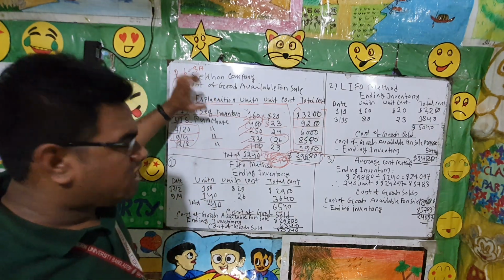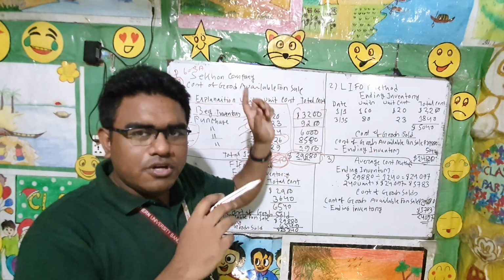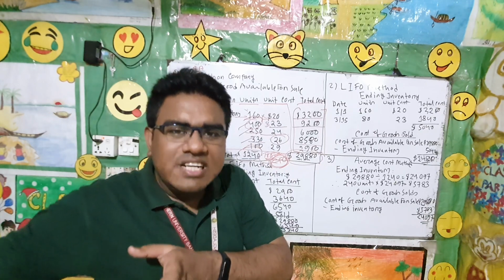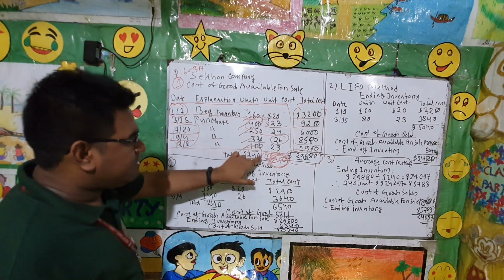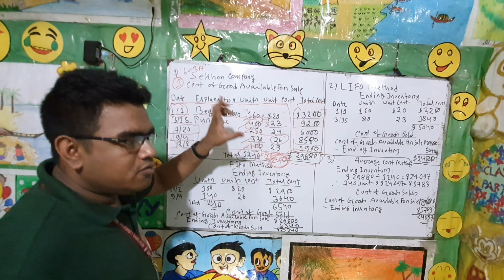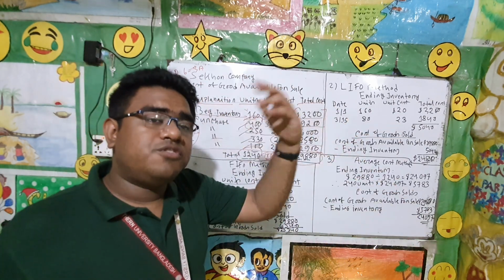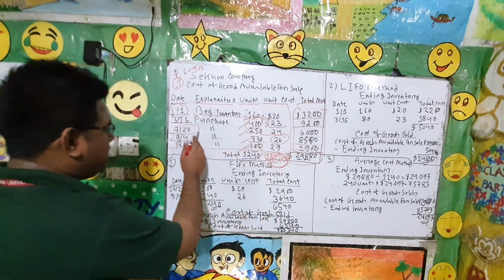First in, first out, meaning those that came first are sold first. So those that remain last in my inventory will be considered as ending inventory. So let's see, if we consider this 1000 units came first and we sold those 1000 units first, then the last 240 units are here.